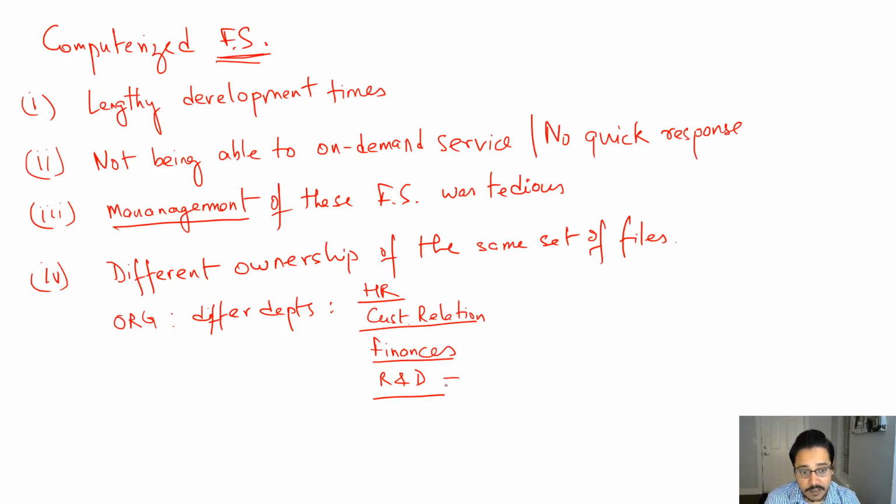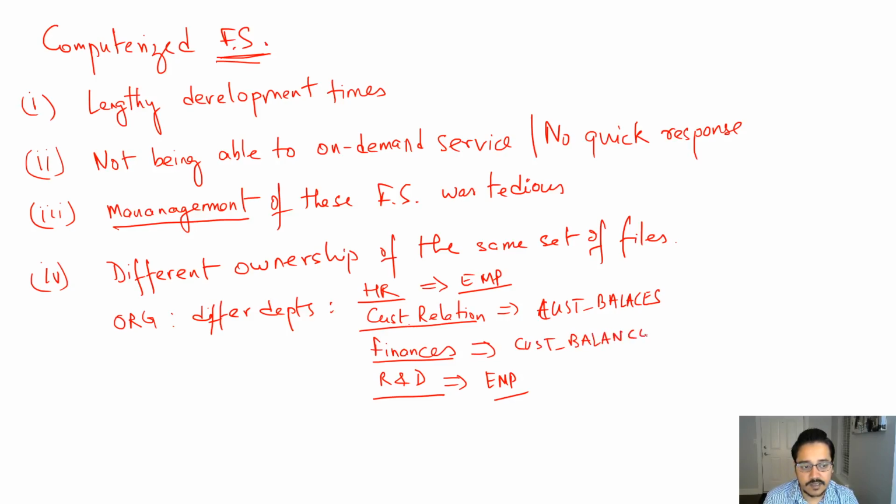So R&D might maintain the files of, let's say, employees, but HR will also need a file system of employees, right? Similarly, customer relations could have some information about customer balances, that is, the amount of money that you owe to the customer or the customer owes you, given the nature of your organization, right? Similarly, that could be present in finances as well.